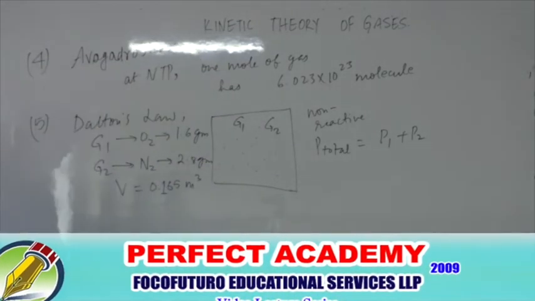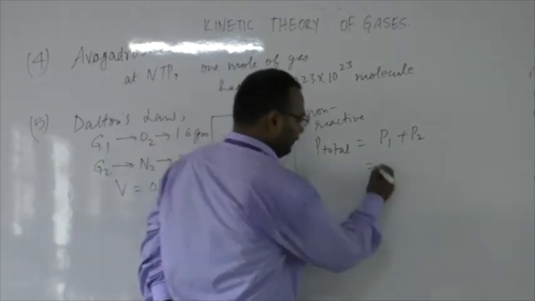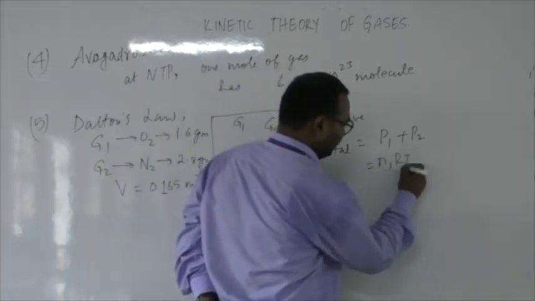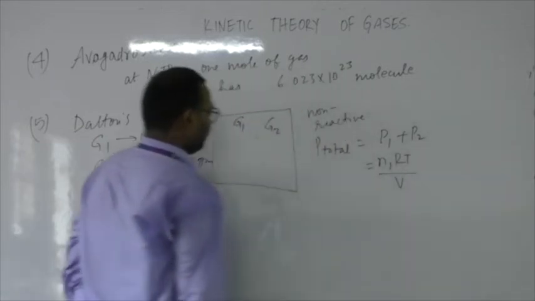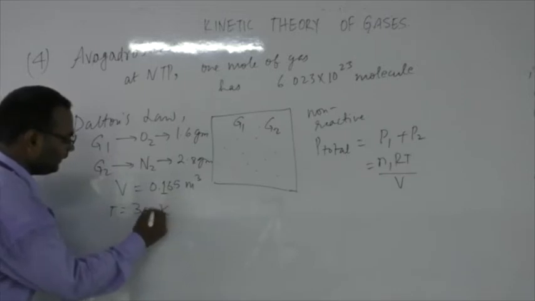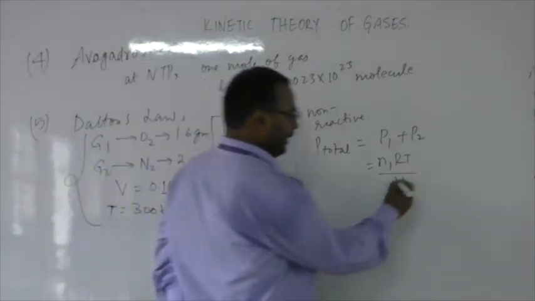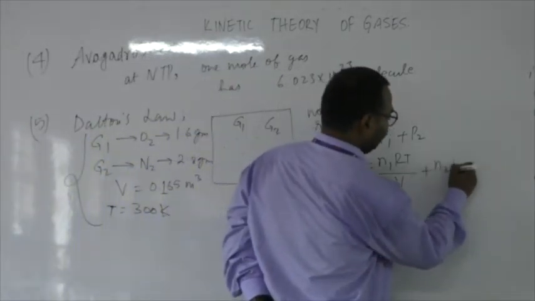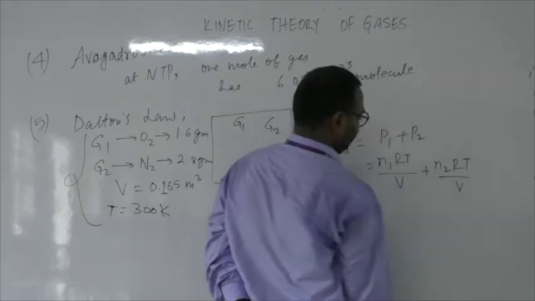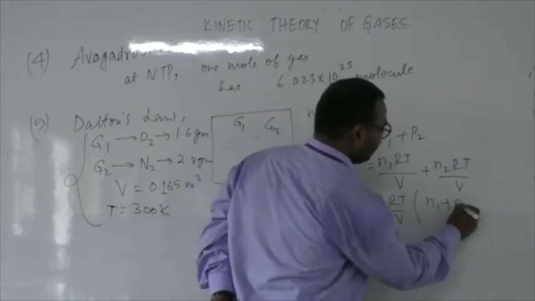So P total you will write as partial pressure of gas 1 plus gas 2, that is N1 RT upon V plus N2 RT upon V, with temperature set as 300 Kelvin. So this you can write as RT upon V into (N1 plus N2).